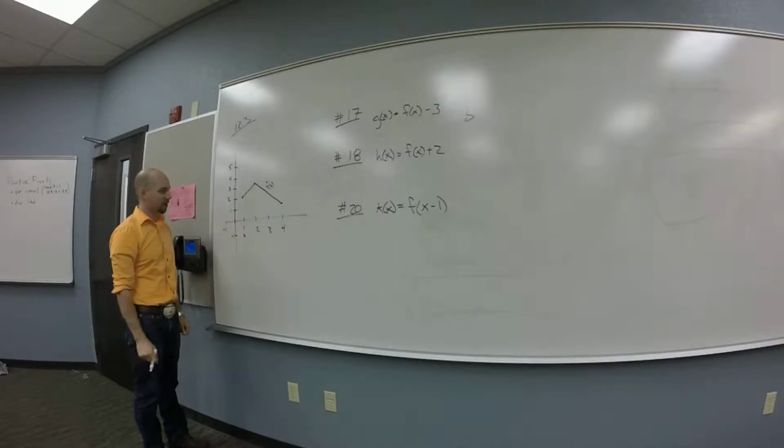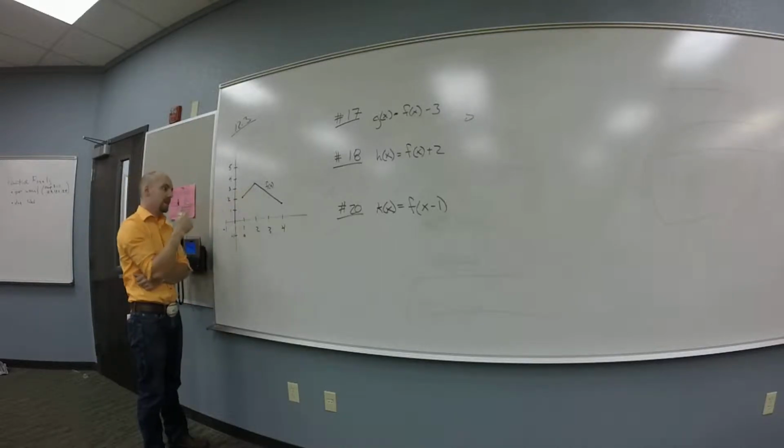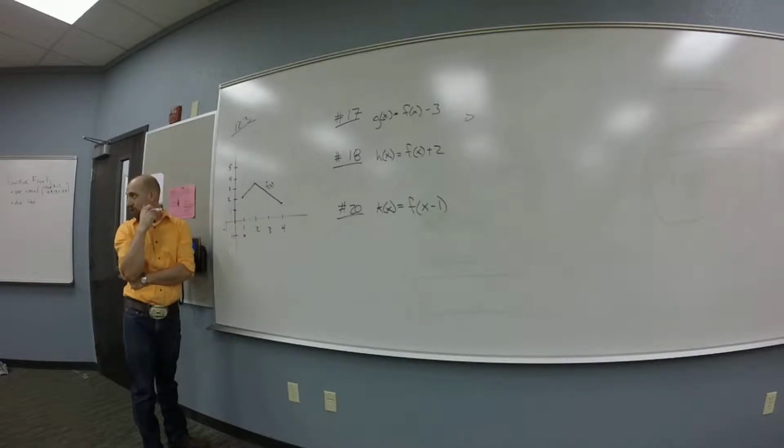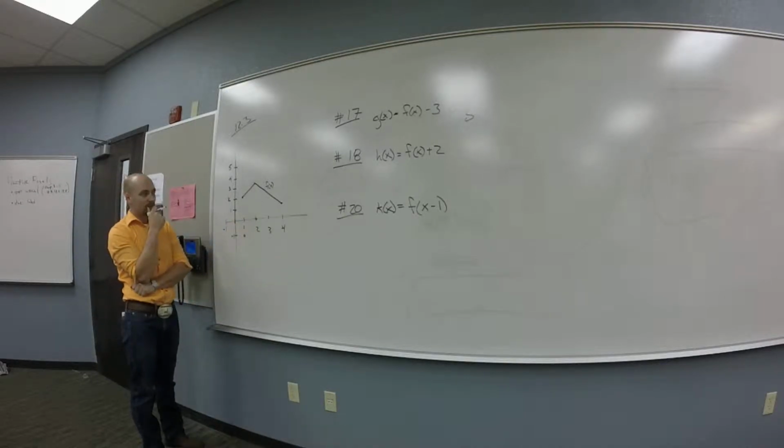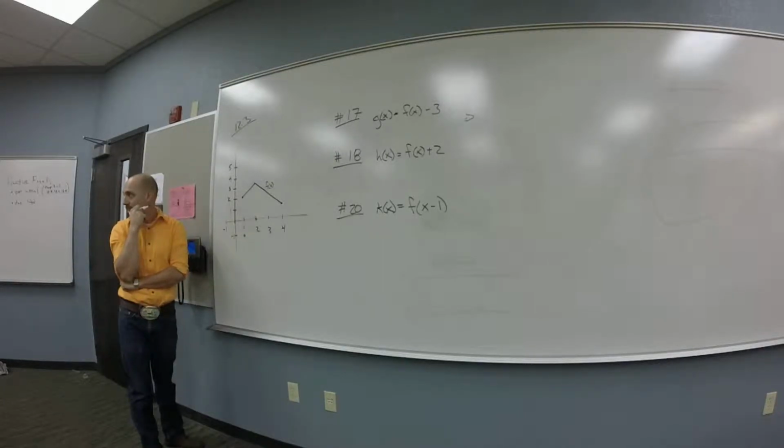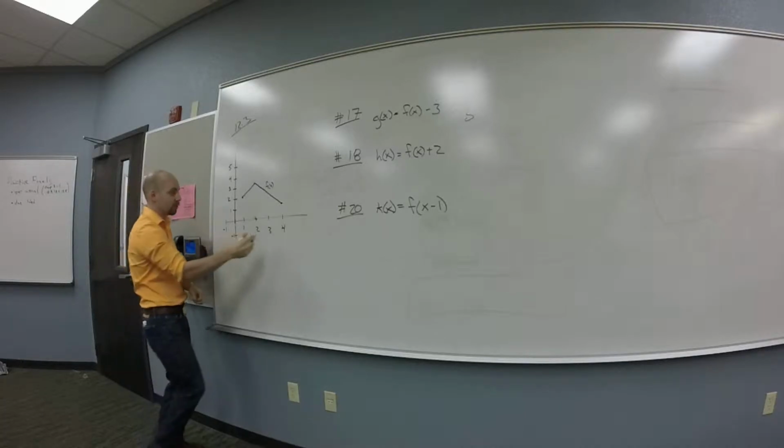Where's the peak? 2, 3, so it needs to be at 2, 0. And the other point is at 4, 1, and needs to be at 4, negative 2.